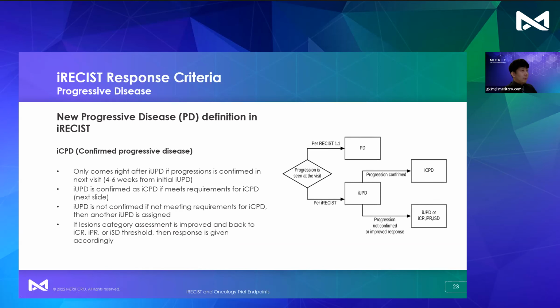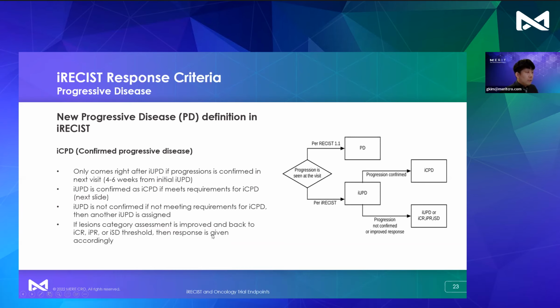ICPD, which is also a new concept compared to RECIST 1.1, is confirmed progressive disease. An ICPD only comes right after the IUPD has been assigned to the subject, and usually the confirmation period is about 4 to 6 weeks from the initial IUPD.